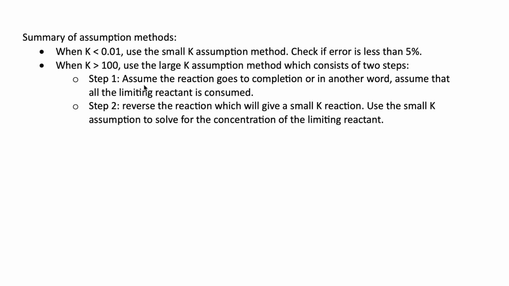Step 1, you assume that the reaction goes to completion, or another way of saying this is you assume that the limiting reactant in the reaction is completely consumed. Once you do that, you have to reverse the reaction, this is step 2, to give you a small k reaction, and then you will use the small k assumption to solve for the concentration of the limiting reactant.